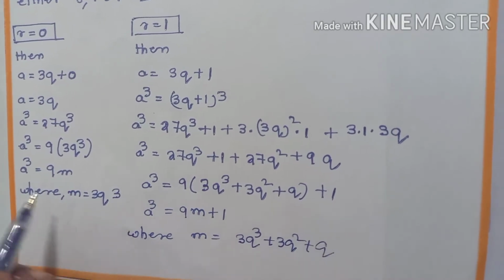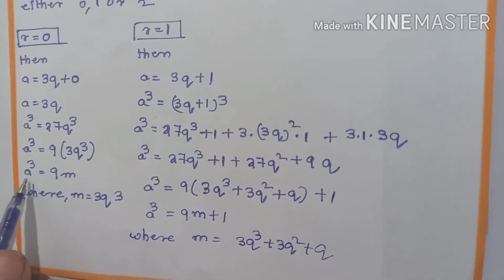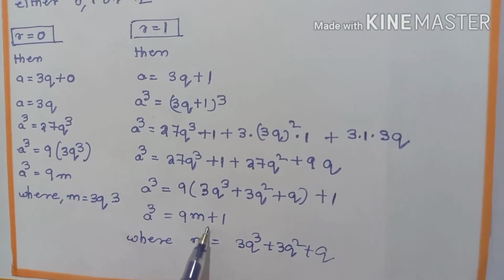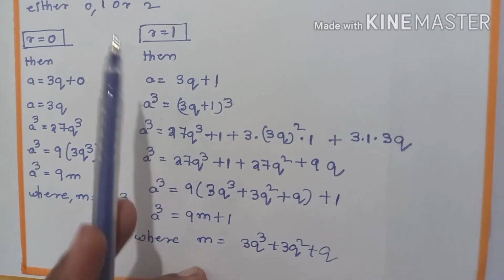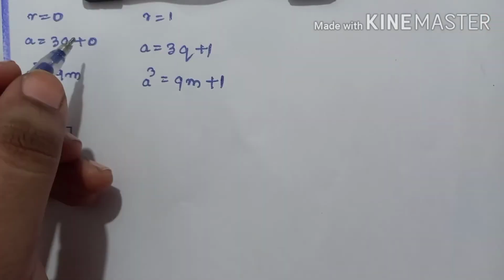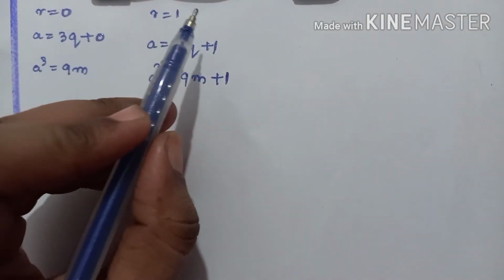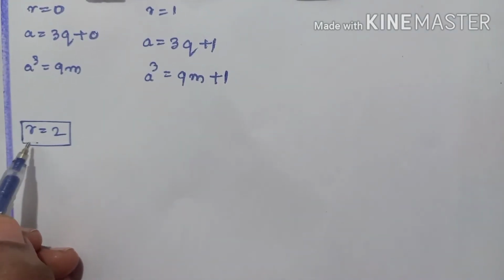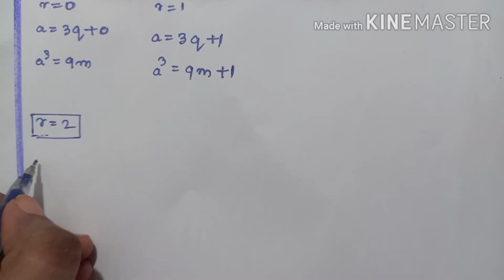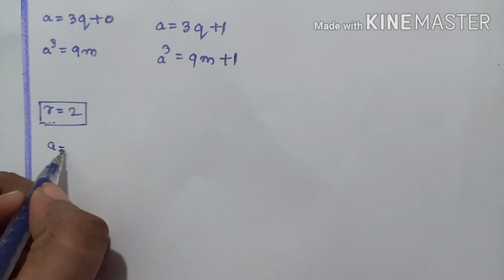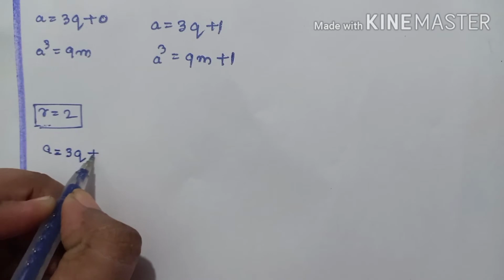Now we have proved it for a cube is 9m and a cube is 9m plus 1. Now we have to prove it for r equals 2. We have proved it for r equals 0 and r equals 1. Now it's the turn of r equals 2, that is, a equals 3q plus 2.